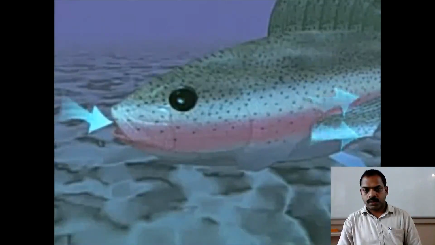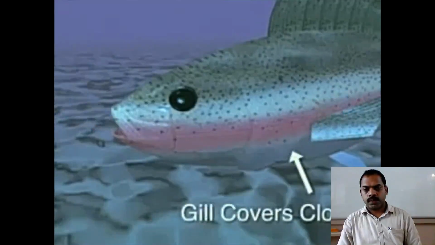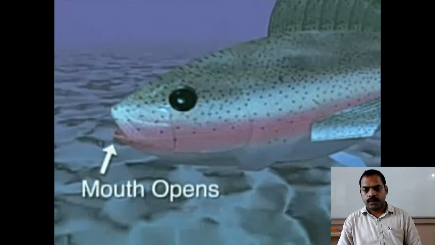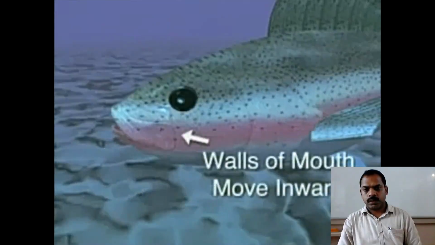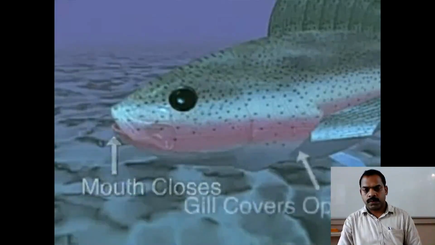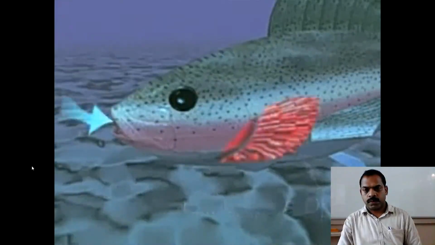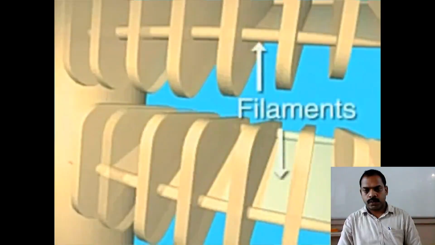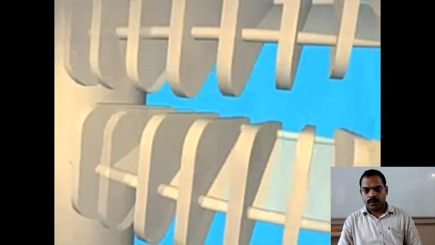In many fish, the breathing process begins when the gill covers close and the mouth opens. The walls of the mouth then move inward. The mouth partially closes and the gill covers open. This action forces the water from the mouth into the gill chambers. The inside of each gill consists of fleshy, thread-like filaments. Water from the mouth passes over the filaments.